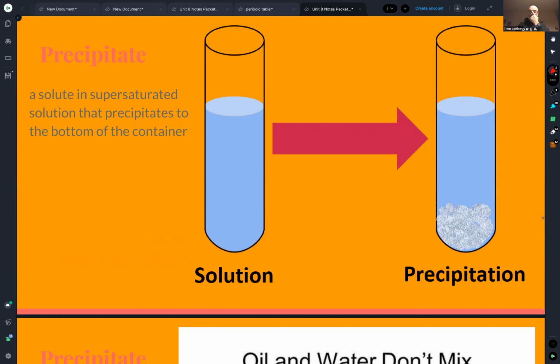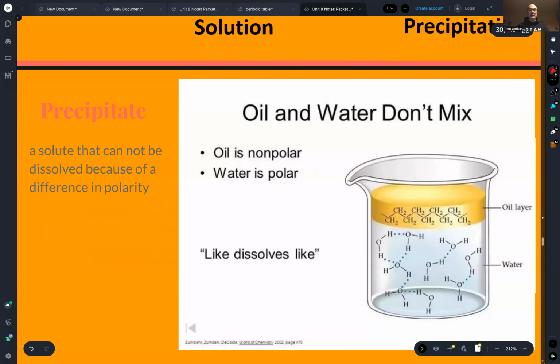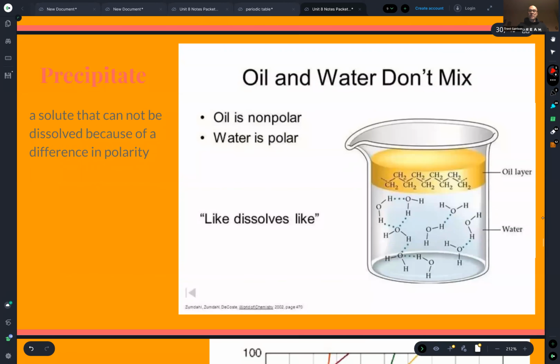So we need to understand, how do we know when we've reached that point where we have too much? Again, liquids and liquids that have the same polarity will mix together nicely and stay in solution.